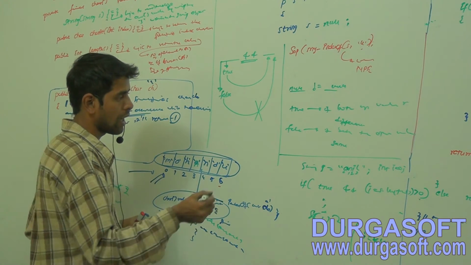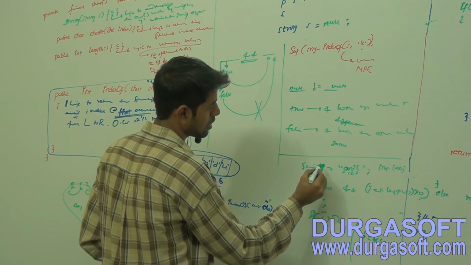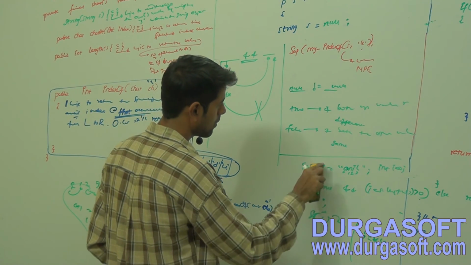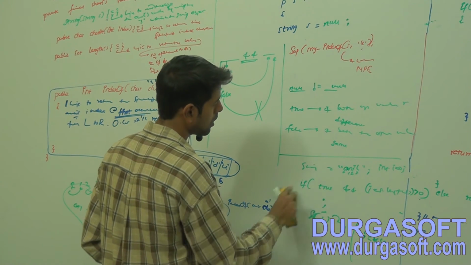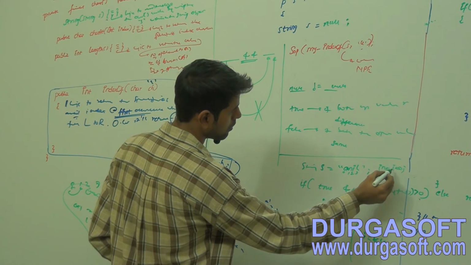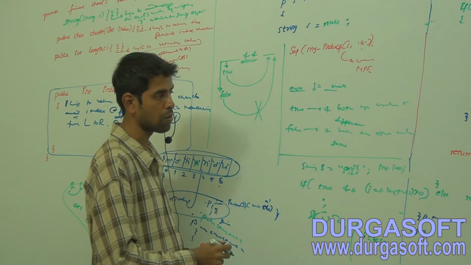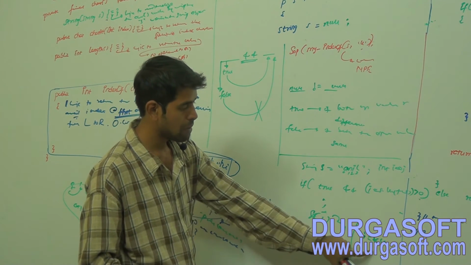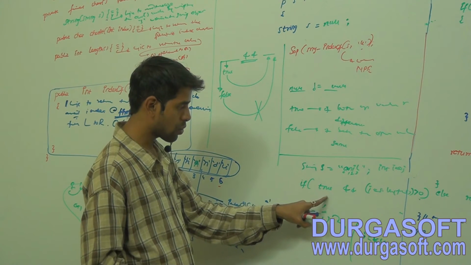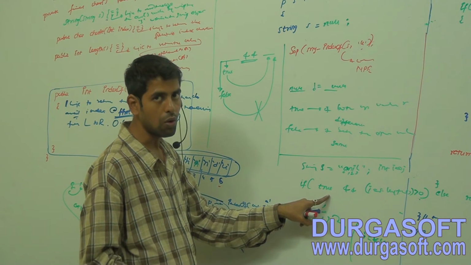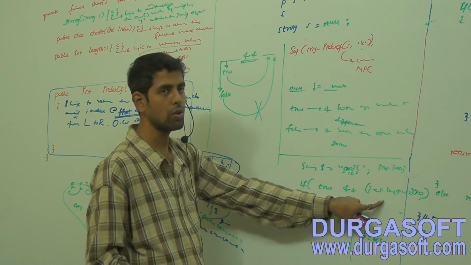Now I have taken one string s, and I have taken one variable i equals 0. In memory, what is the i value? 0. Now, since it is true, this operand will allow the JVM to execute this statement.